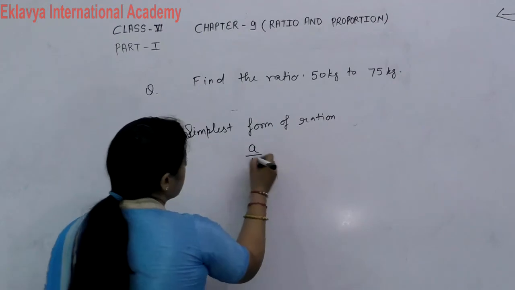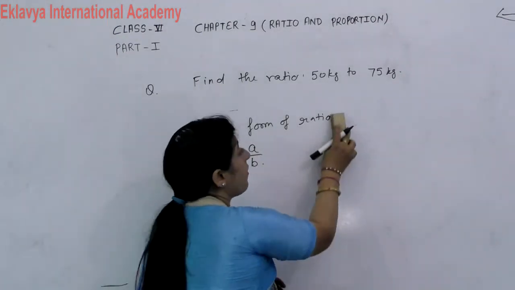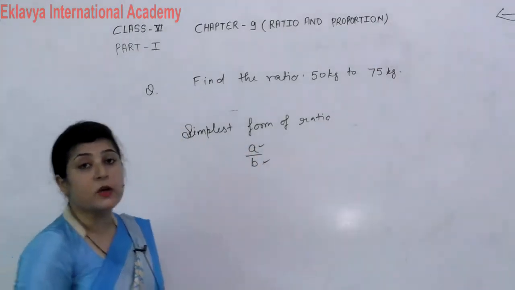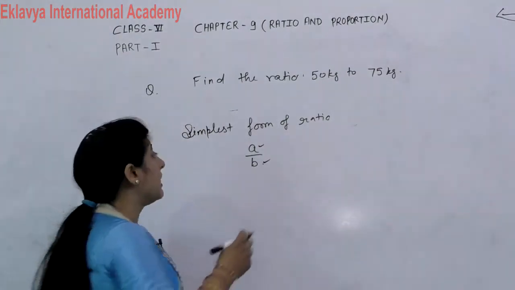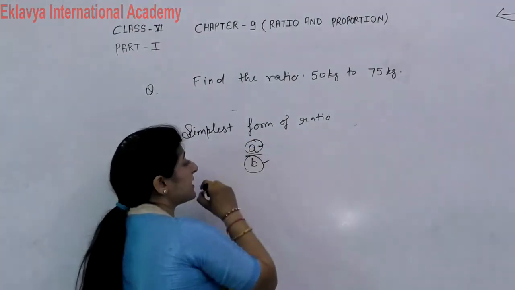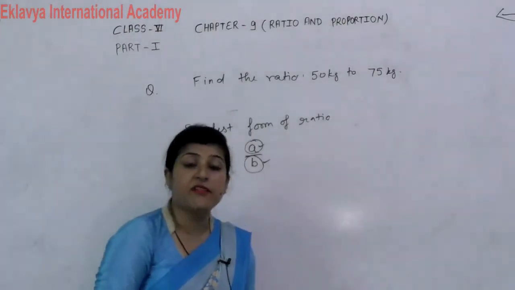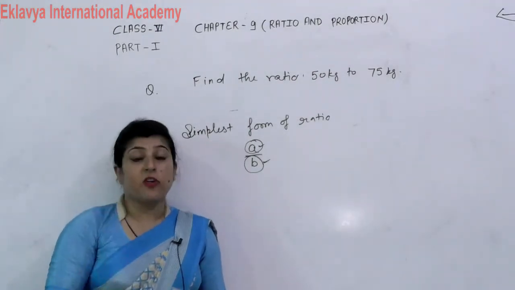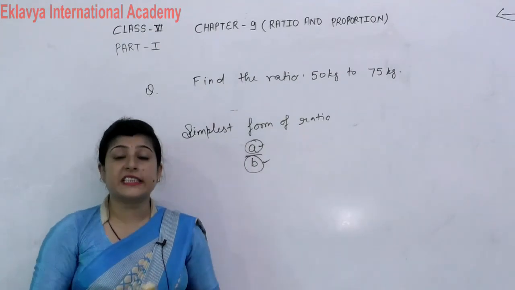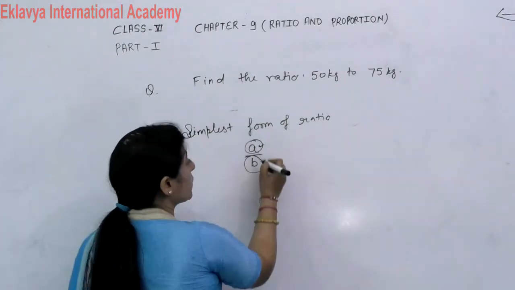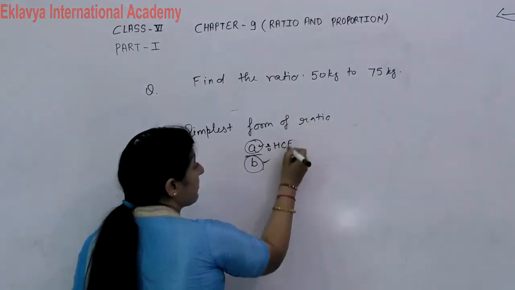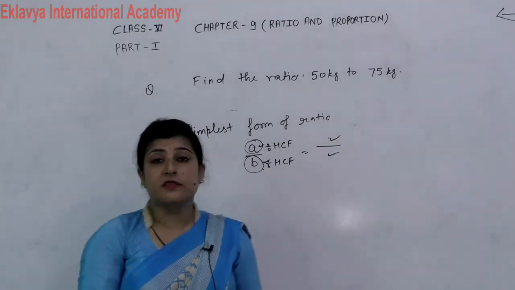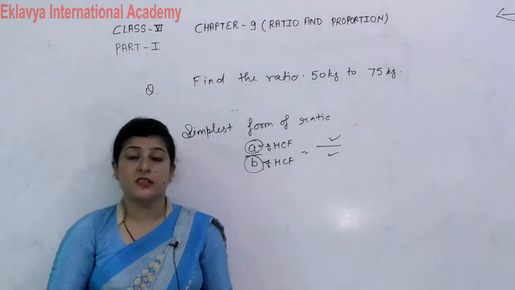When the HCF of both terms should be equal to 1. If the HCF of A and B is 1, then we can say this ratio is in simplest form. If not have the HCF 1, we get anything HCF, then both quantity should be divided by the HCF, then which result you get, this will be in simplest form.